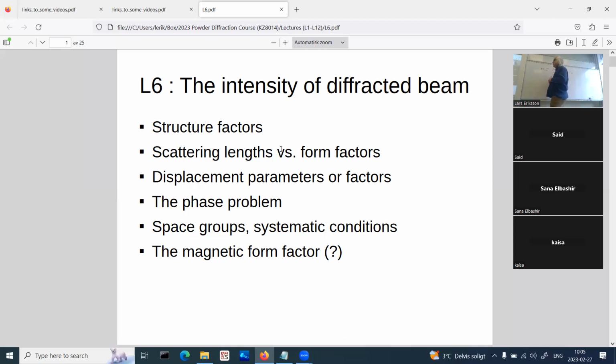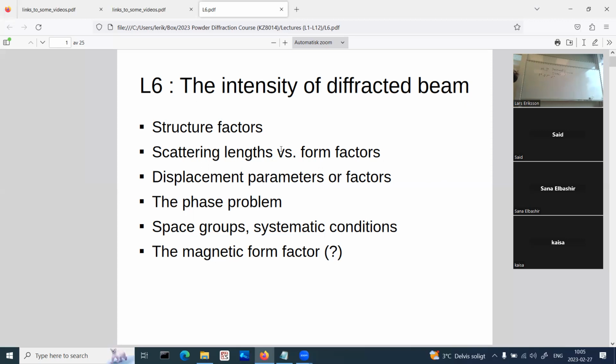In principle, there's a problem to find what is called the structure factors, because they are not directly available. It's only the square of them. The square of the structure factor is the structure factor times its complex conjugate, or maybe the amplitude square.